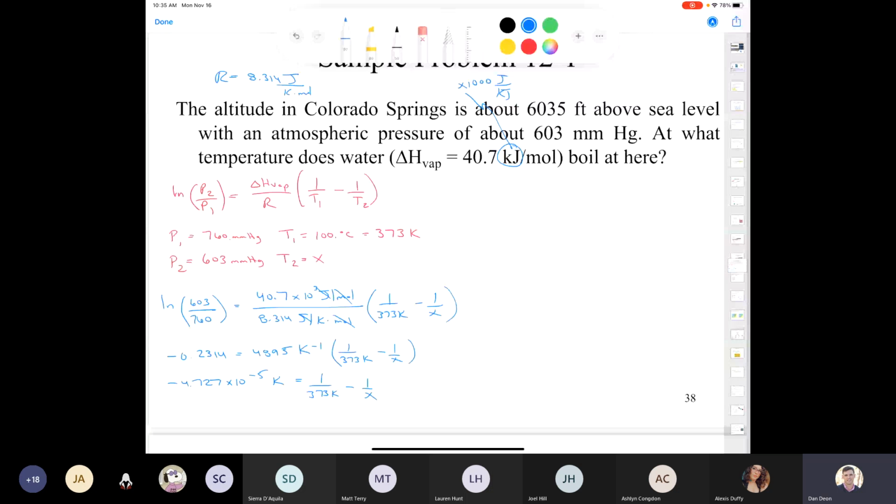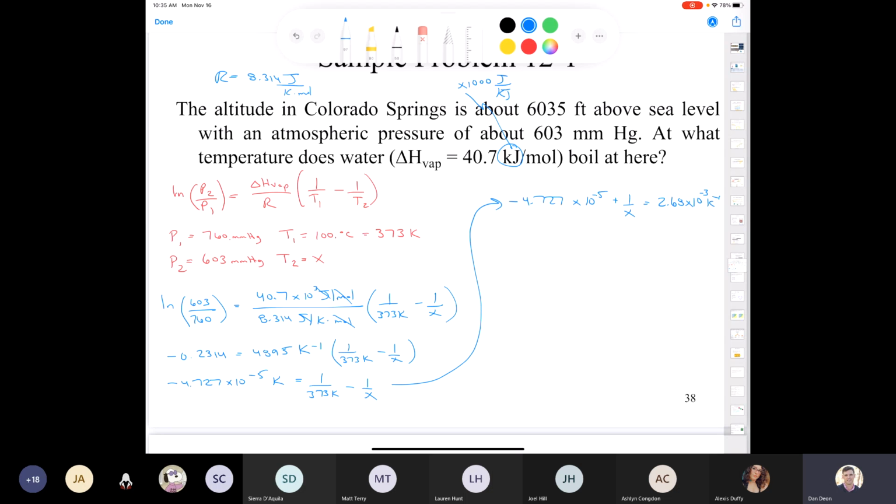So then you end up with negative 4.727 times 10 to the negative fifth plus 1 over X is equal to 2.68 times 10 to the negative 3.